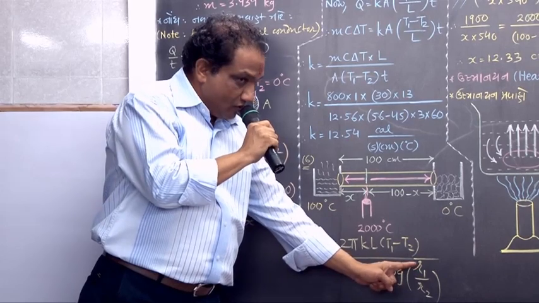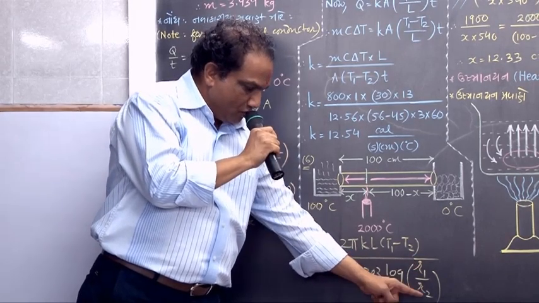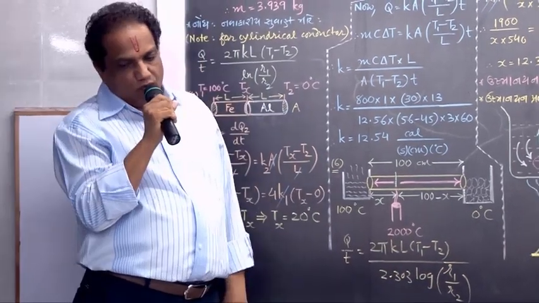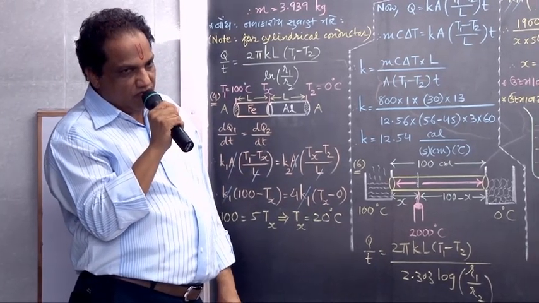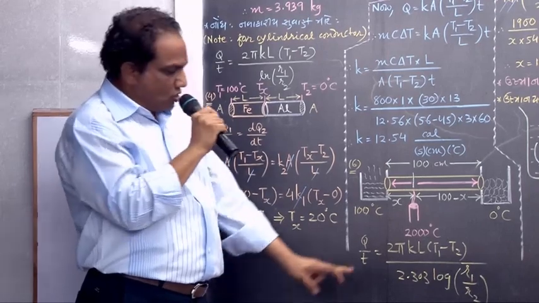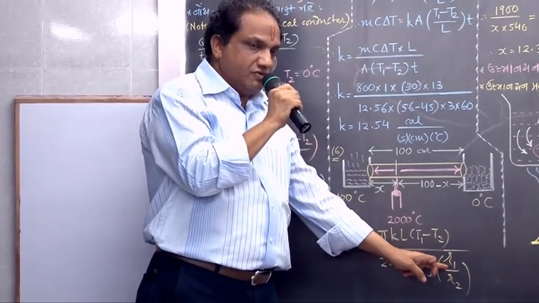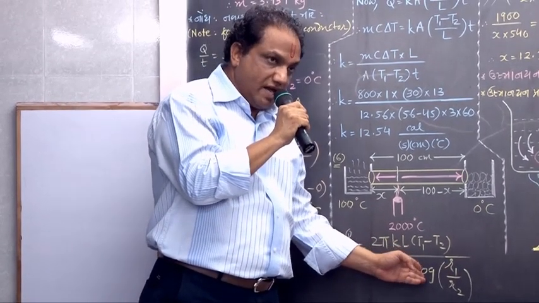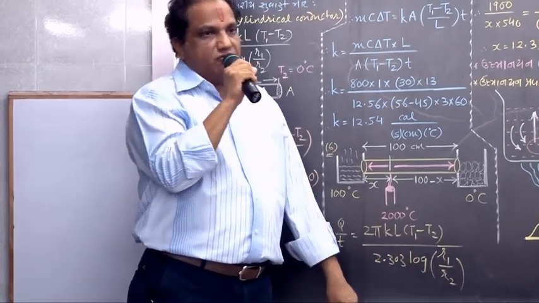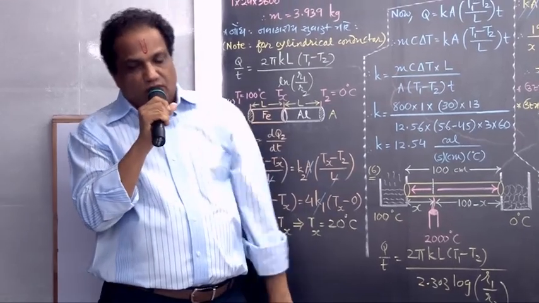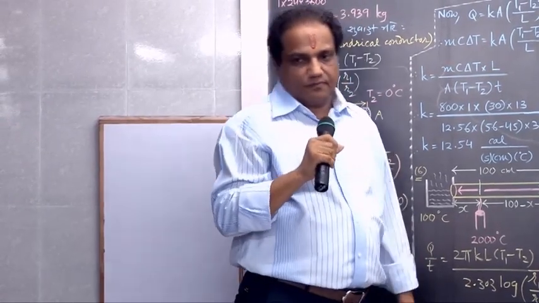Now find out this upon this, 0.2314 upon 0.2. Are you getting 1.157? Yes. So log of 1.157. Open the textbook and find out the log table.